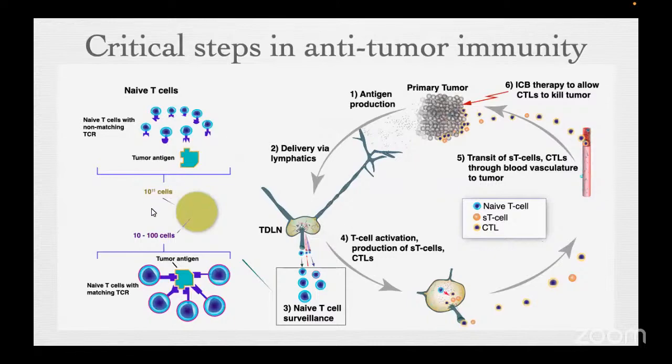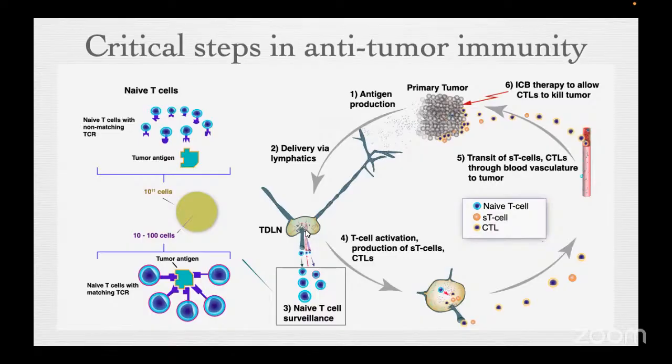We have about 10 to the 11th different clones of T cells in the body. And the key here is that only a small fraction of those, a handful, can recognize tumor antigen. So it's a rare T cell trying to find antigen that matches its T cell receptor.